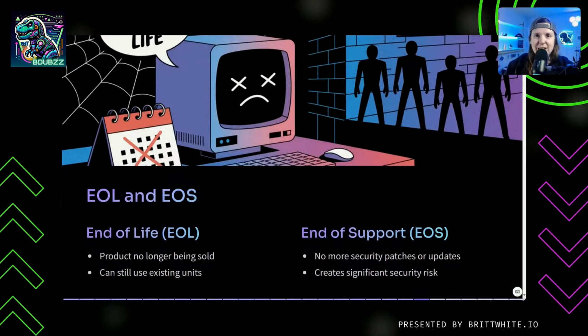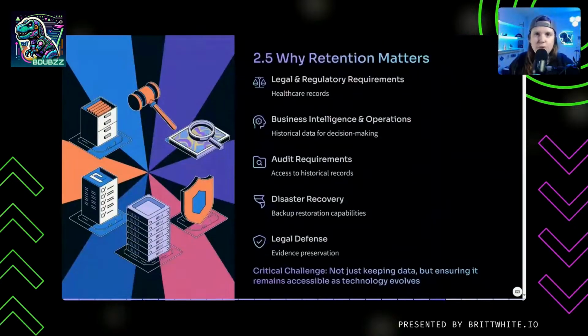Now that we understand EOL and EOS, let's explore why proper retention planning is crucial for organizations. These lifecycle considerations directly impact how we approach asset retention. After all, we need to plan for what happens when our systems reach these milestones. So why is retention so important? Think about these scenarios. First, think about legacy systems.